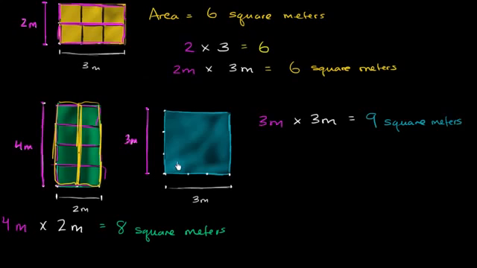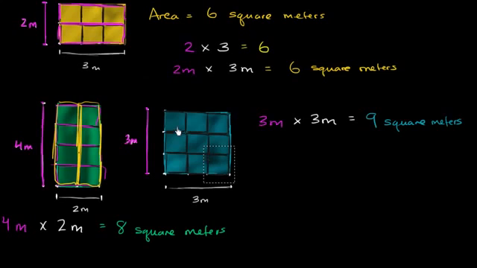And let's verify it again, just to feel really good about multiplying the dimensions of these rectangles. So we have 1, 2, 3, 4, 5, 6, 7, 8, and 9. So it matches up.